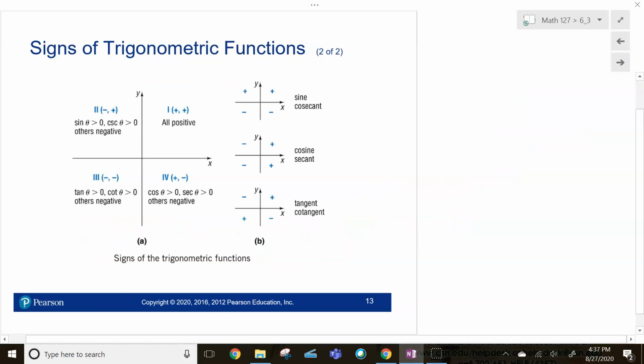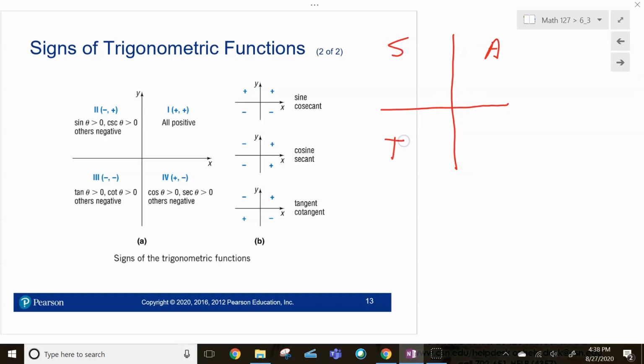All right, so the signs of the trig functions. Some people like to say this is how they remember who's positive: All Students Take Calculus. So all of them are positive in the first quadrant.